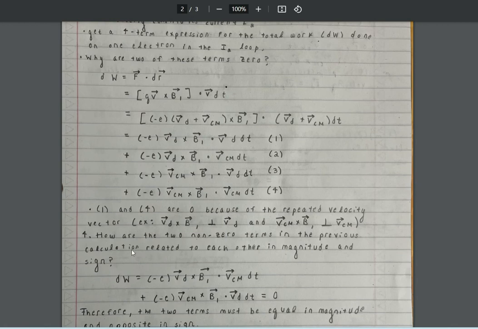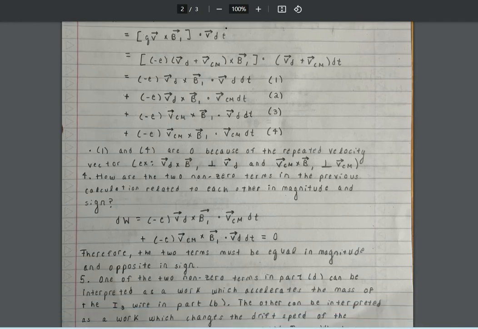We know that 1 and 4 are 0 because of the repeated velocity vector, so that means the drift velocity times the magnetic field, which is perpendicular to the drift velocity, and also the velocity of the center of mass times the magnetic field is perpendicular to the velocity of the center of mass.